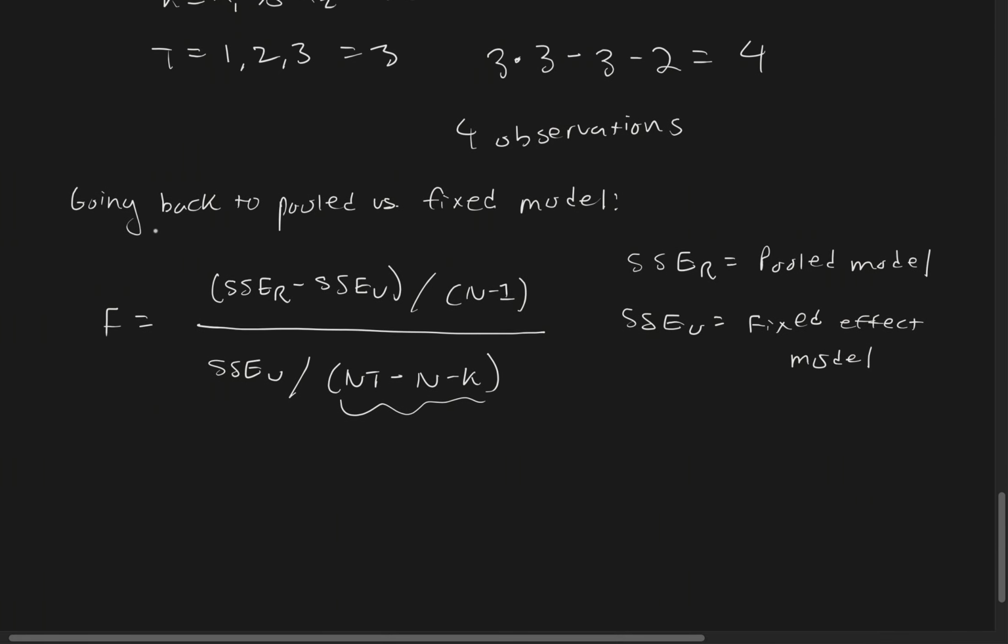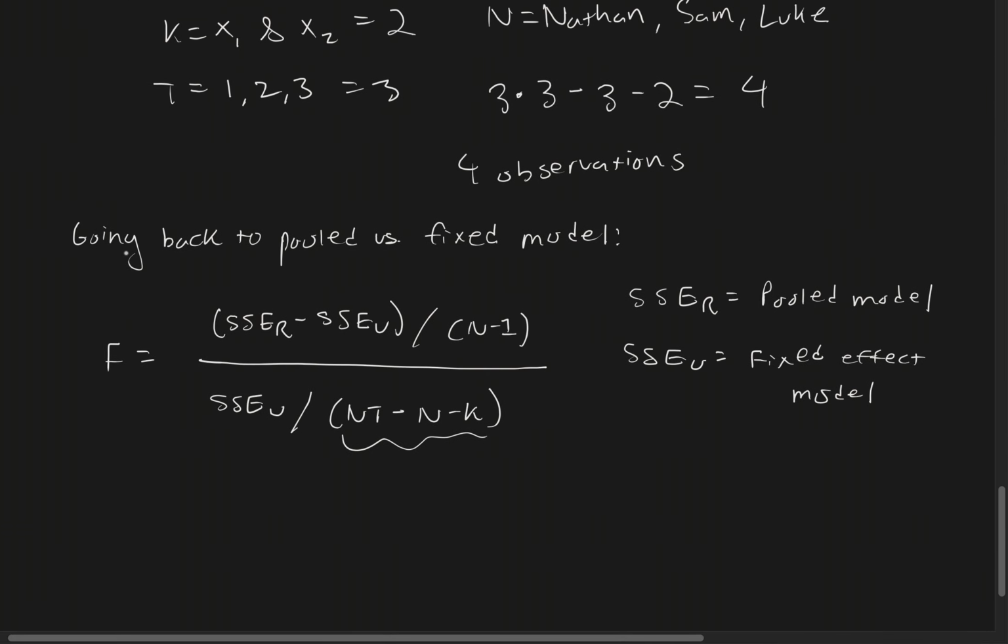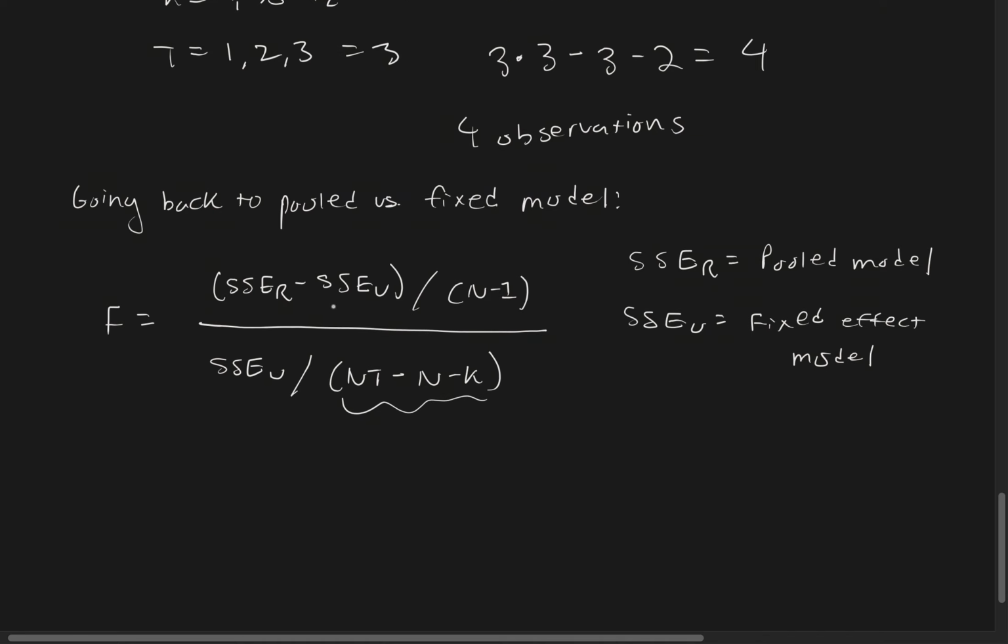All right, finally, going back to the pooled and fixed model comparison, the way we calculate the F statistic for testing the fixed model is given by this function here, where it should look pretty similar, but the degrees of freedom is different for the panel data, so the denominator will look a little different.